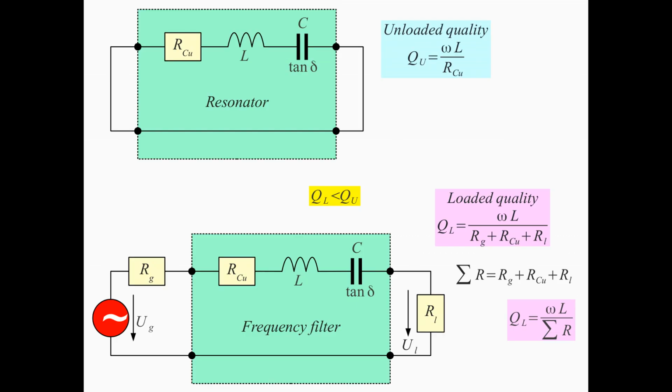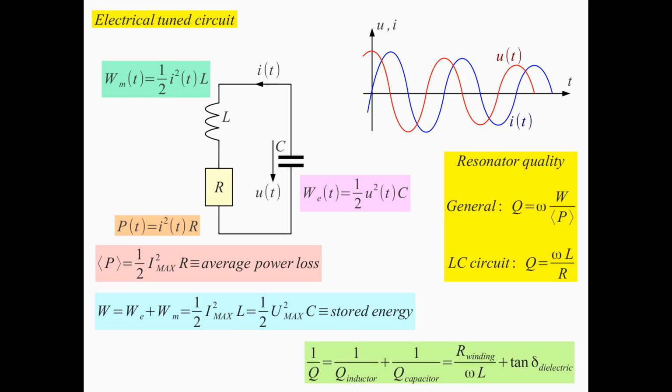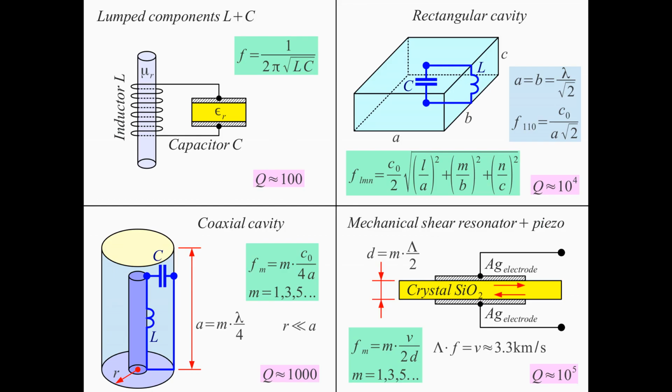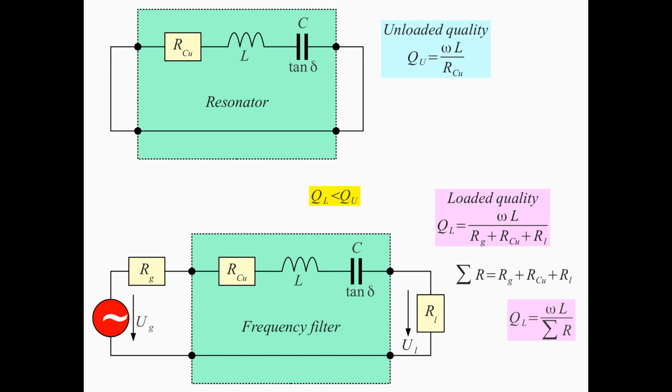Now, understanding quality. The quality as we defined it here, we had all the losses concentrated in this resistor that may be described mainly the inductor, but also the capacitor losses could be described in this resistor. Building a filter out of such tuned circuits makes things a little bit different.